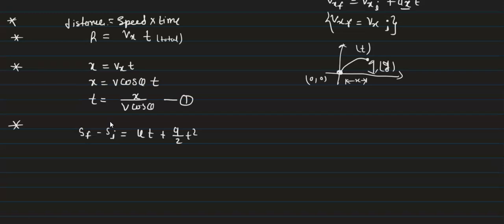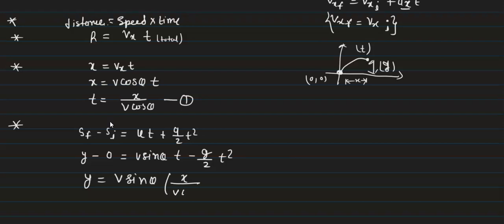For the y direction, y minus 0, where u is the initial speed in the y direction, which is v sin theta times t, and the acceleration in the y direction is g, so minus g by 2 t square with the negative sign, because this is a vector equation. So y equals v sin theta times t, putting in the value of t from equation number 1, x upon v cos theta, minus g by 2 times x upon v cos theta, whole square.